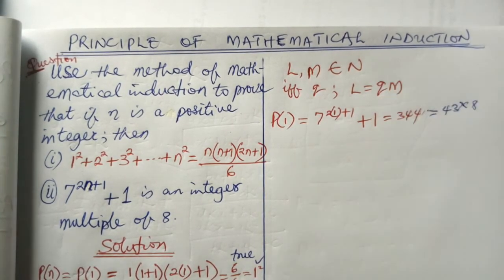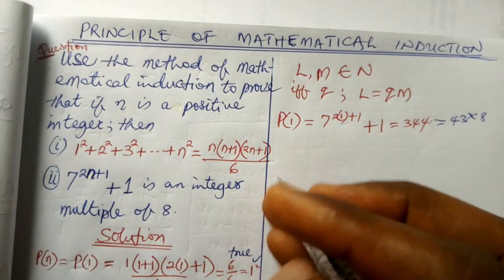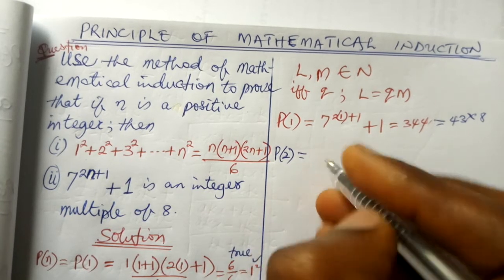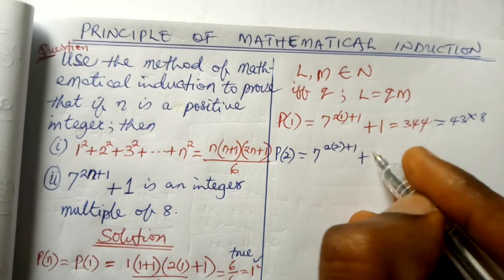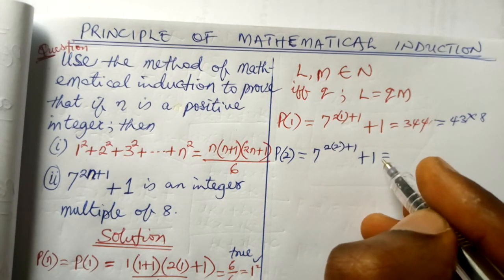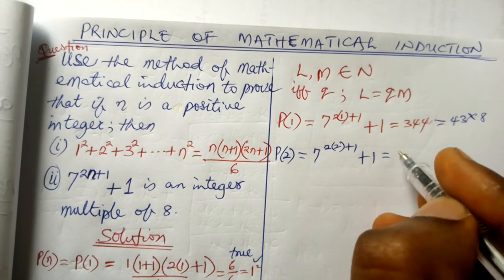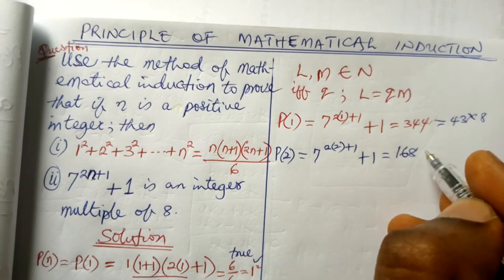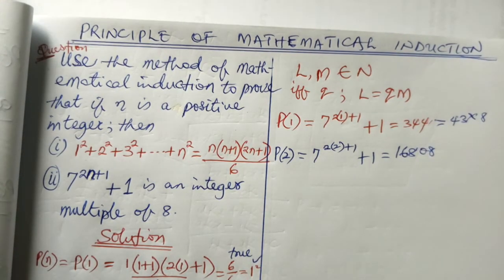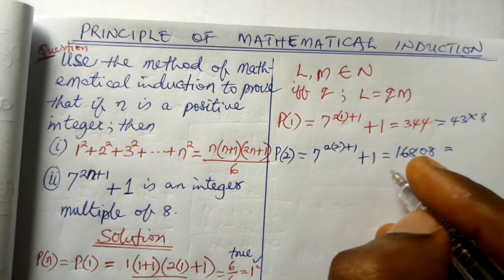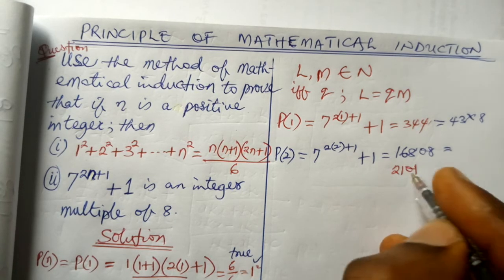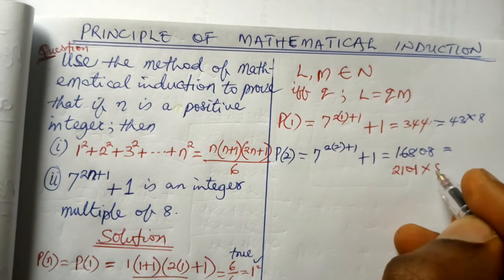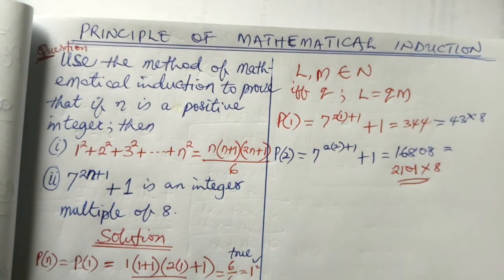So if we do for the second one, P of 2, we will have 7 raised to power 2 times 2 plus 1, plus 1, and it is equal to 16808, and this is equal to 2101 times 8.